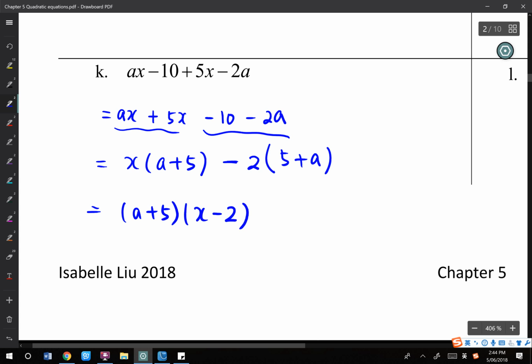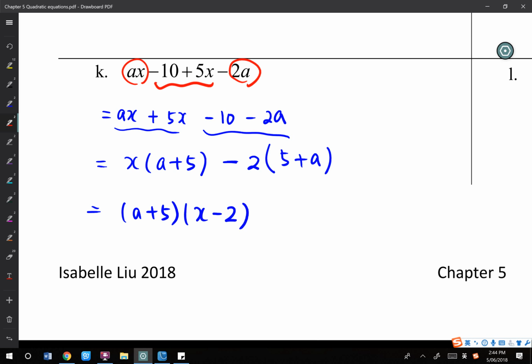Or you can group the first and the third and the second and the fourth. That's still working as well. So you have multiple ways of doing it. But the first two and last two doesn't work. So you can go 1, 3, 2, 4 or 1, 4, 2, 3. They all work. So that's grouping.